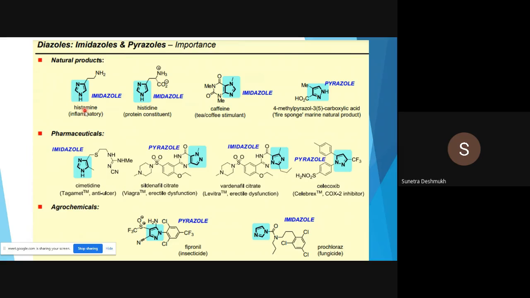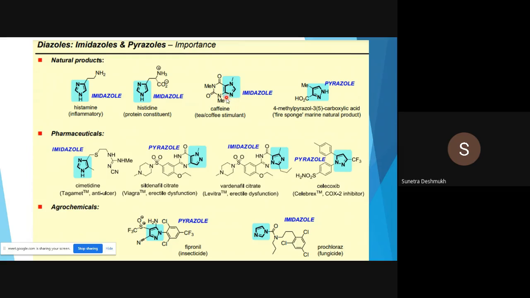Here is histamine, an inflammatory imidazole. Histidine, a protein constituent. Then caffeine, in which imidazole is present. You can pay attention to this blue colored box, where they have shown the heterocycles pyrazole and imidazole.